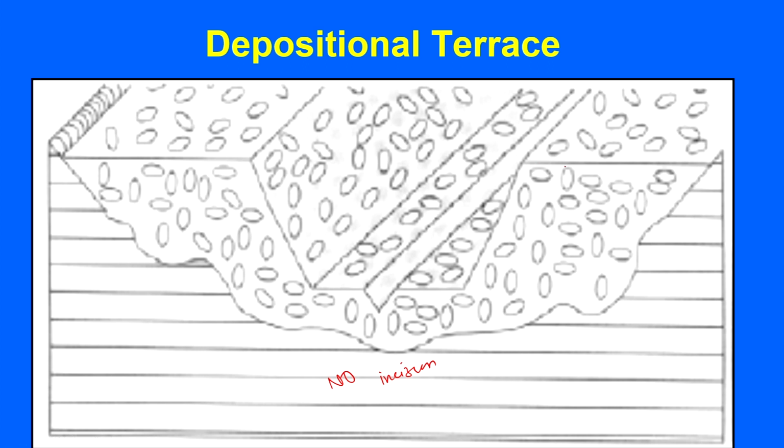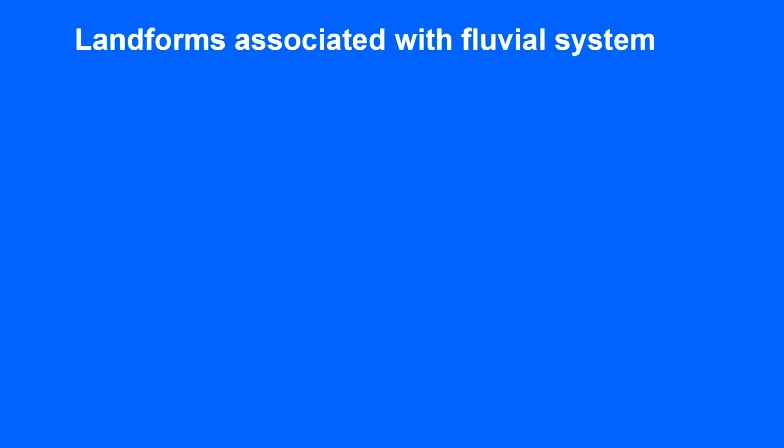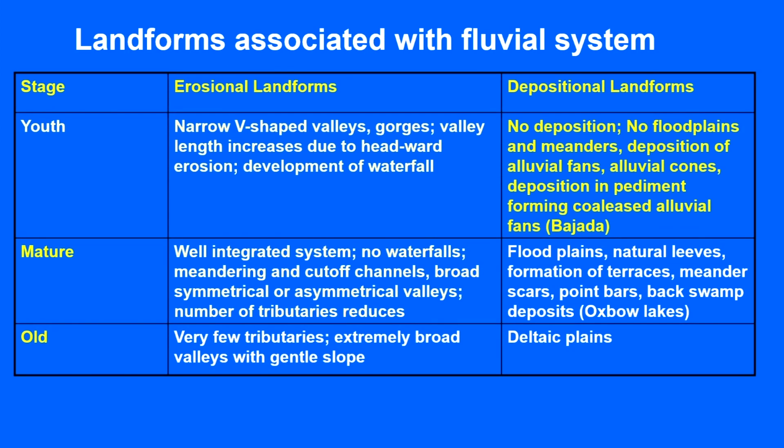But this you will be able to judge when you are doing the field. So, you have to check the terraces which have been mapped using the satellite data, and then you go into the field and check whether this is an erosional terrace or depositional terrace.